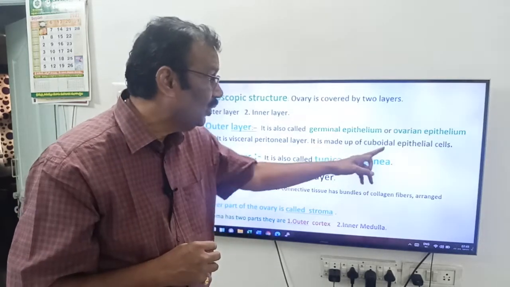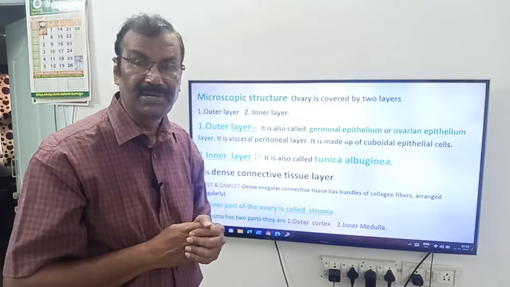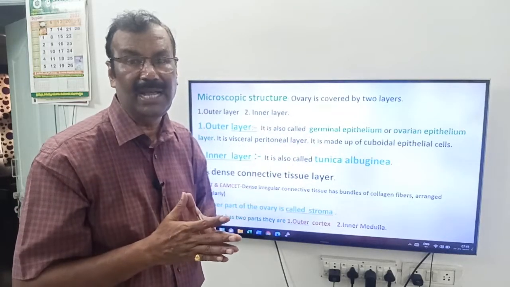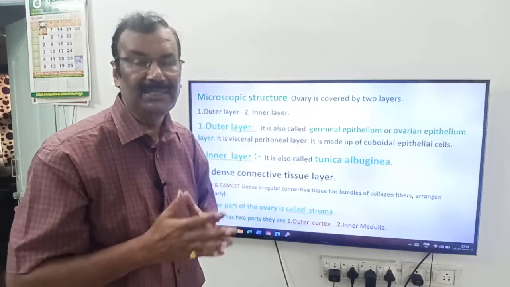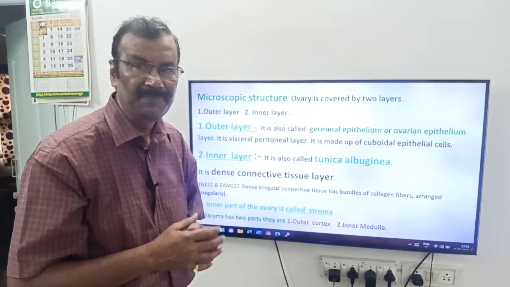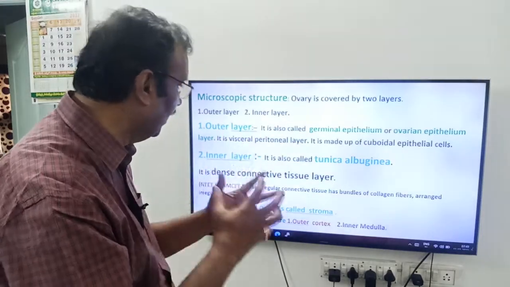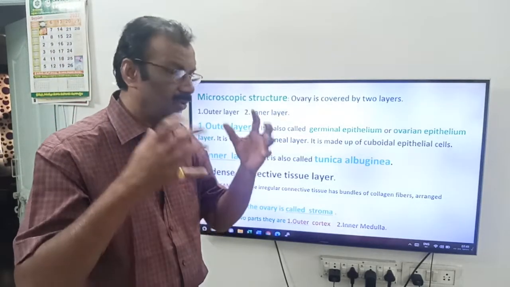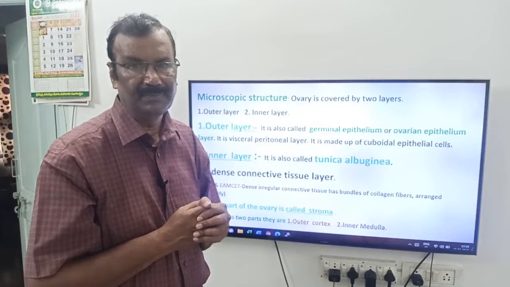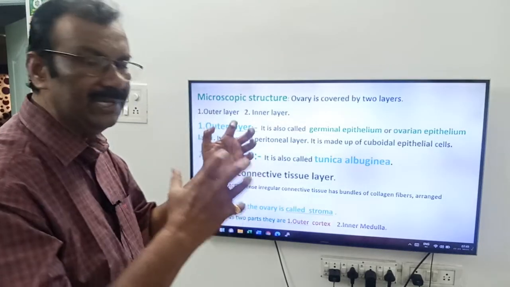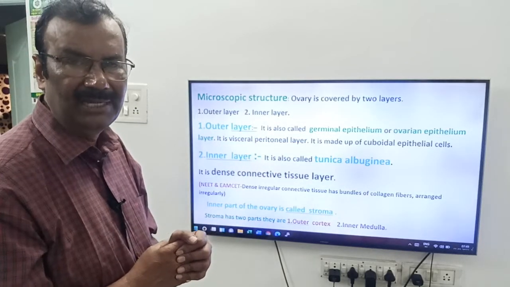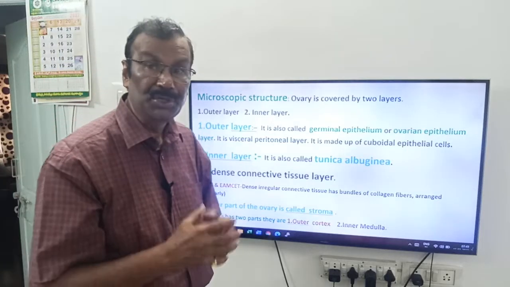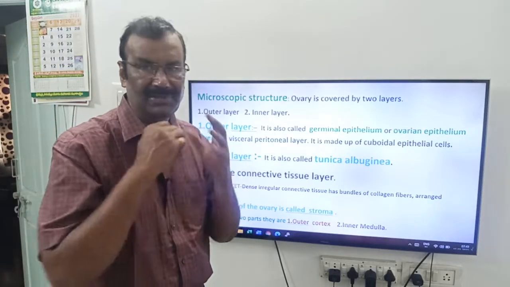They are cuboidal epithelial cells. Cuboidal epithelial cells have equal length and breadth. Once again, the outer layer of the ovary is also called the germinal epithelium or ovarian epithelium. It is a type of visceral peritoneal layer made up of cuboidal epithelial cells.